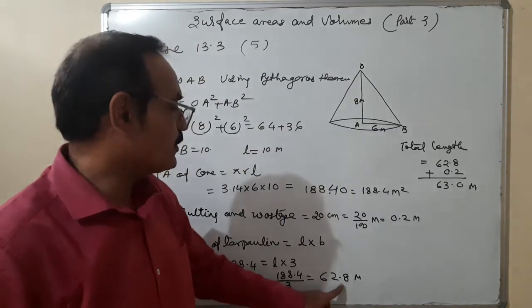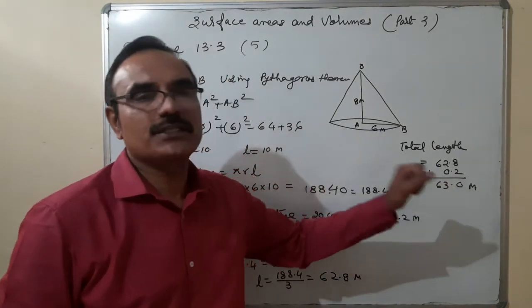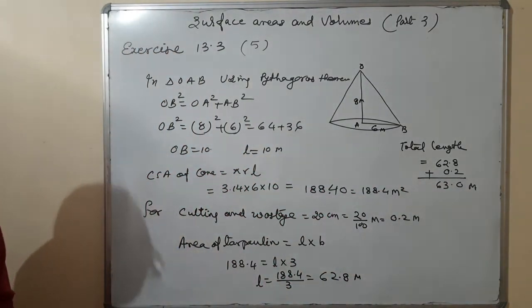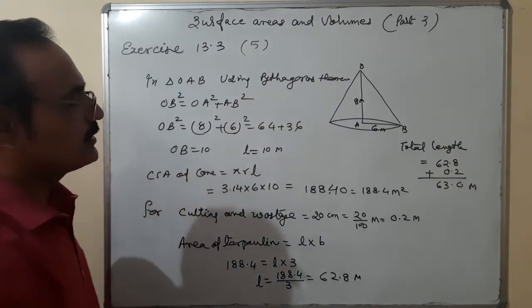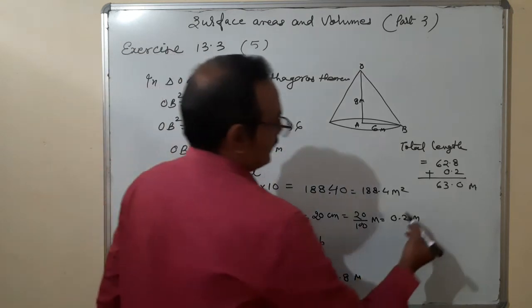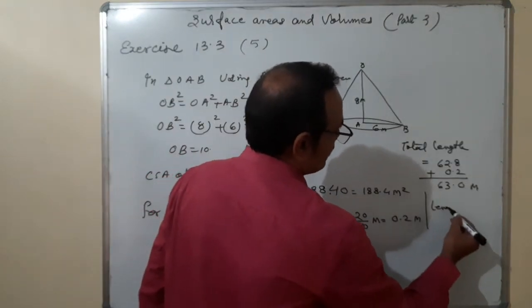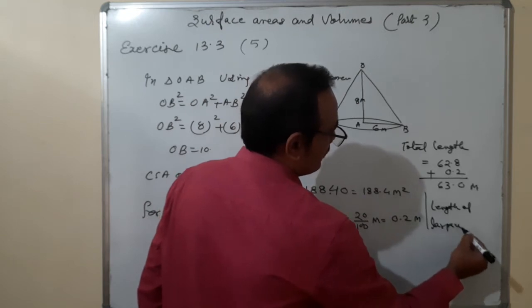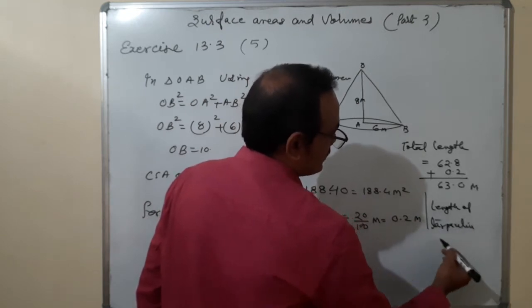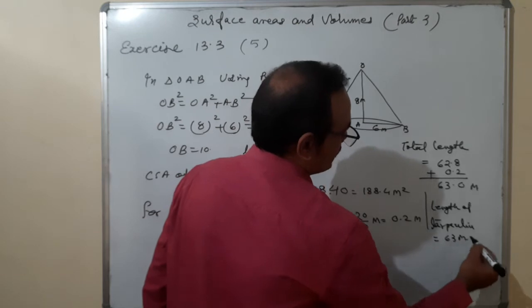So 62.8 plus 0.2 is 63 meter. Therefore the length of tarpaulin is equal to 63 meter.